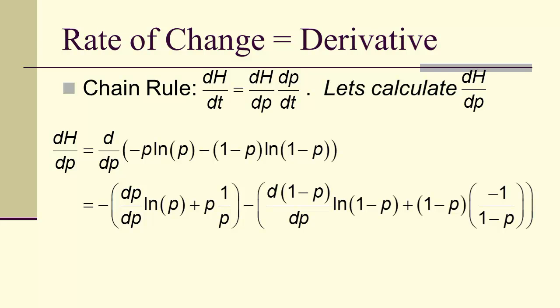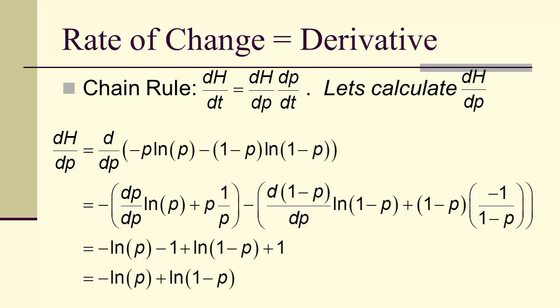Notice we have a p times a 1 over p, and we have a 1 minus p times a negative 1 over 1 minus p. And therefore we get this expression with a minus 1 and a plus 1, and clearly those cancel, and we're left with negative log p plus the log of 1 minus p.